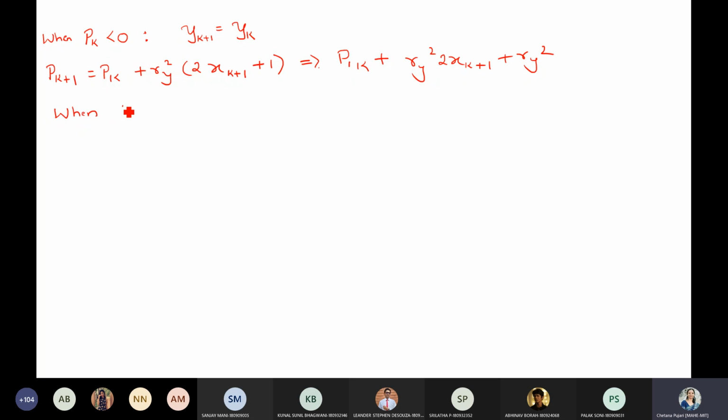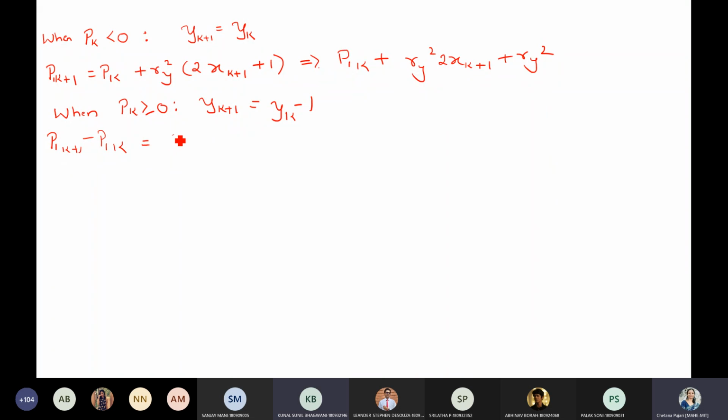Similarly, when your pk is greater than or equal to 0, your yk plus 1 is equal to yk minus 1. So just make use of the same equation. Sorry, I have to write here p1. p1 k plus 1 minus p1 of k.